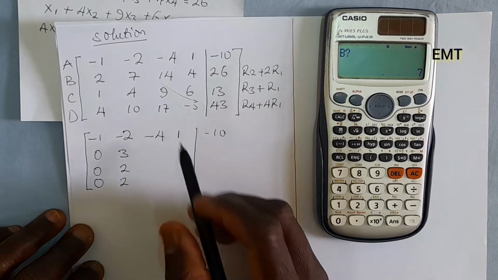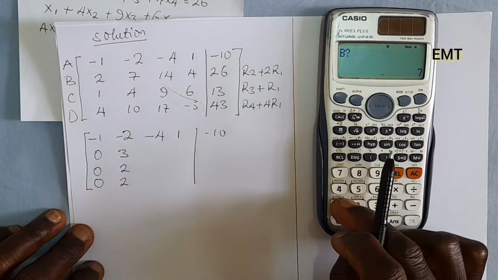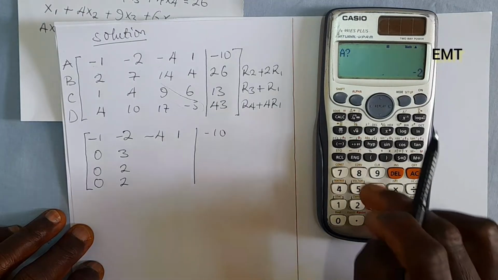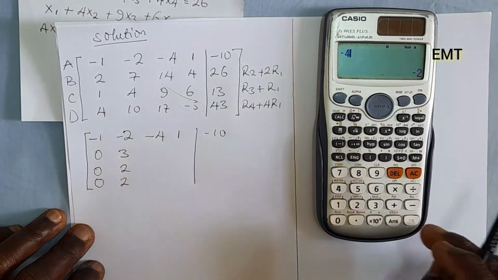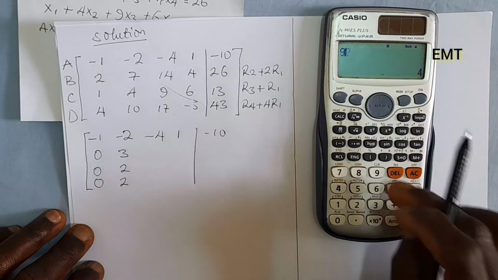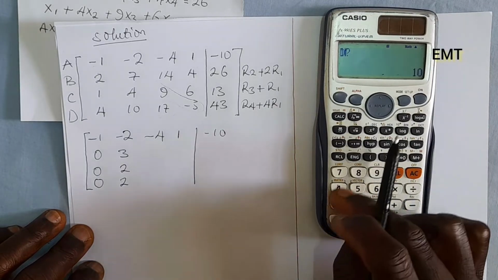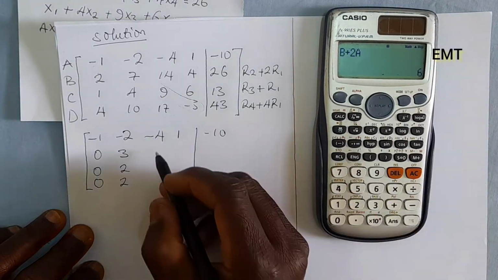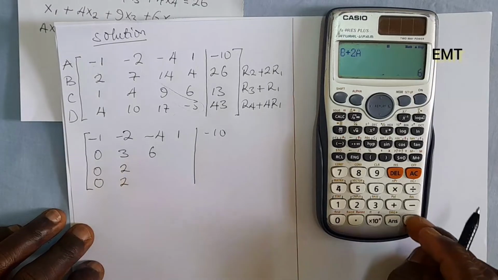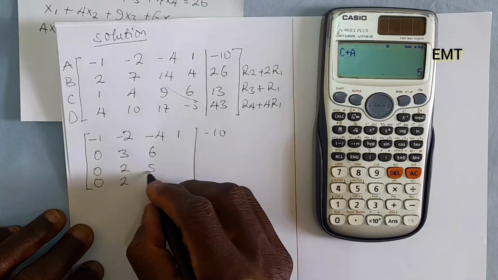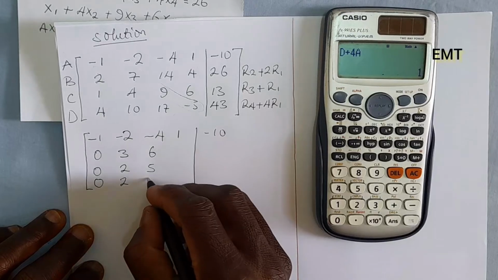Equal to sign again. For the third one we have 14 for B, -4 for A, 9 for C, and then 17 for D. So B is 6, C is 5, and D is 1.